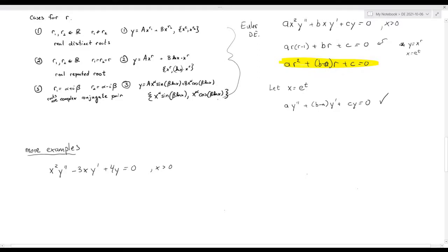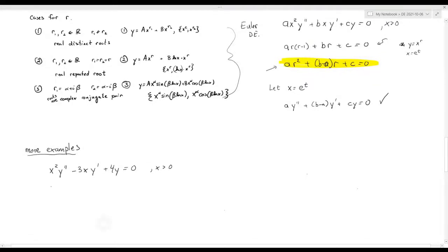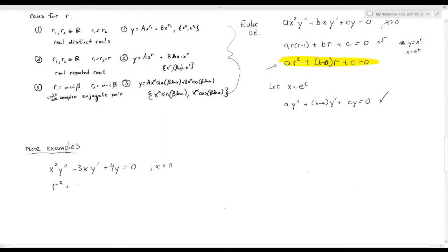So let's do an example. I'll just use my formula for the characteristic polynomial for an Euler equation. So a is 1. B is negative 3. So b minus a is negative 3 minus 1, so negative 4. And c is 4.